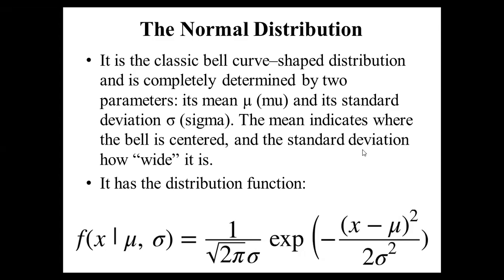So it has a distribution function, which is always represented as follows: f of x for mu and sigma equals 1 by square root of 2 pi sigma, times exponential of minus (x minus mu) whole square divided by 2 sigma square.